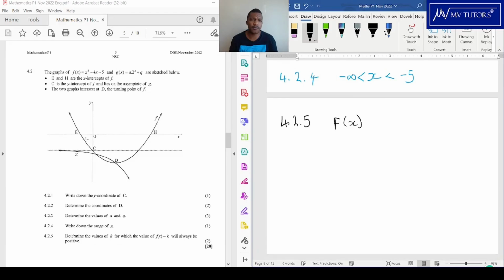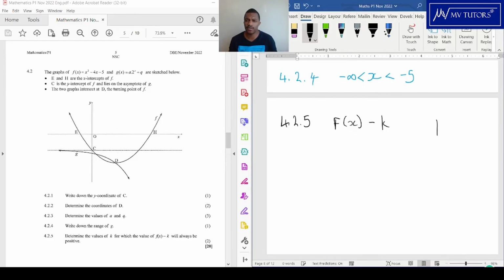We're looking at the parabola here, minus k. So we want values of k that will make the graph always positive. Now we need to ask ourselves, when is this graph always positive?